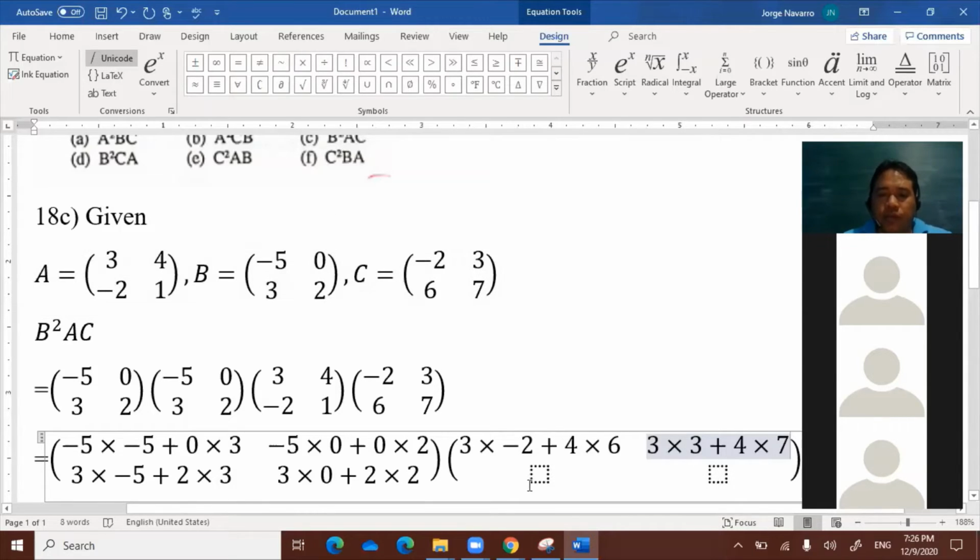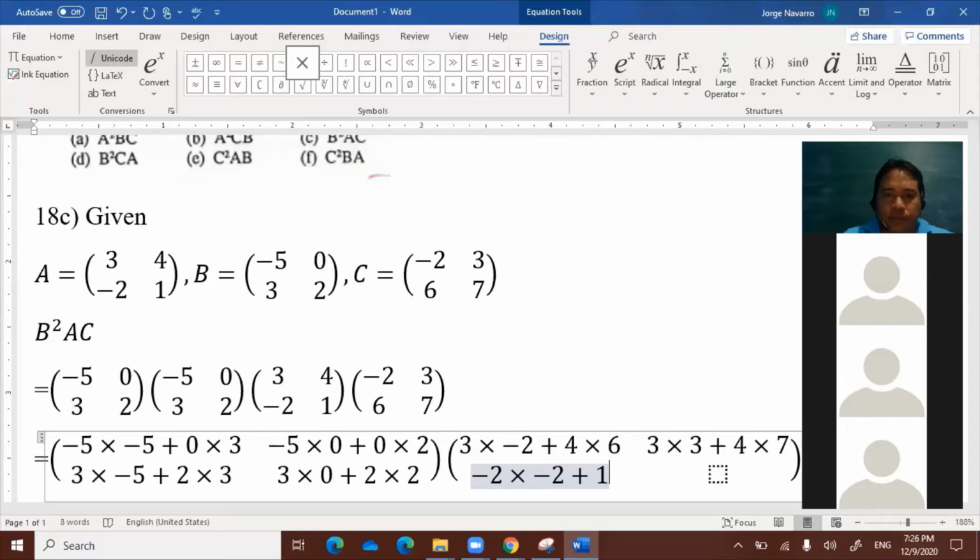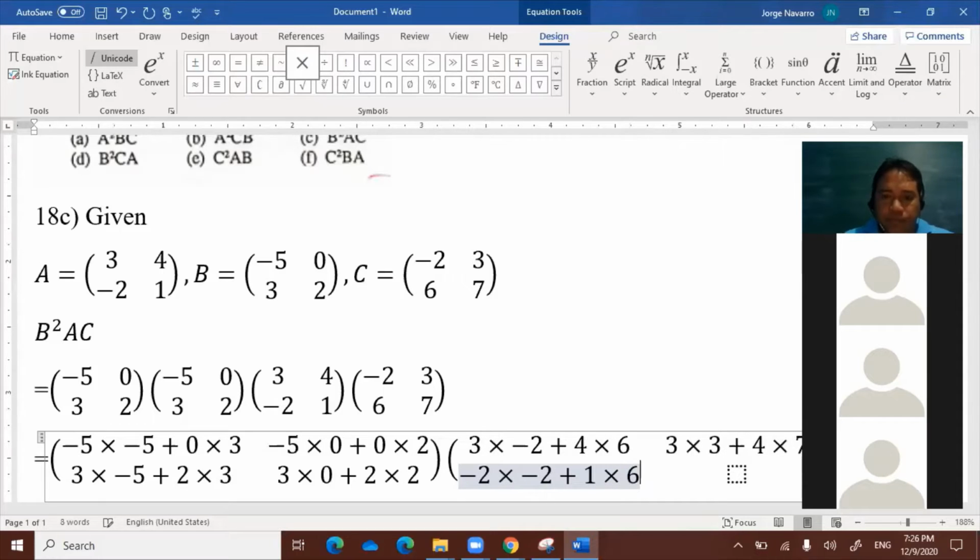Remember, those numbers are going to repeat themselves, these numbers at the tail. So for the next one, we're going to deal with this row, the negative 2 and the 1. So negative 2 times negative 2 plus 1 times 6.